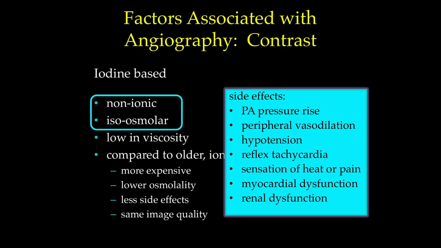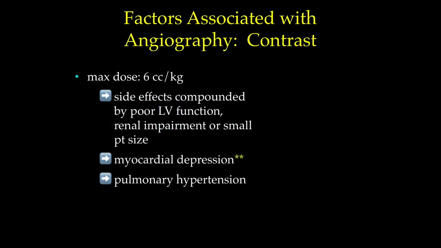Those are the things to remember. We try to keep the maximum amount of contrast to less than 6 cc's per kilogram. If we go above that, we get side effects that are compounded by poor LV function or renal impairment, or if the patient's really small.